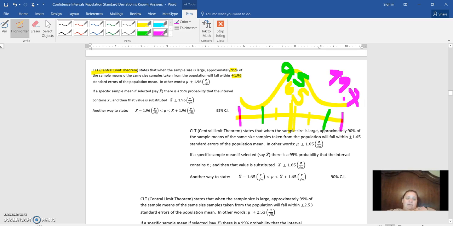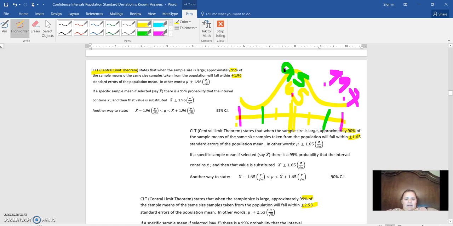That's where they get that number. It's not exact, but it's rounded. So the central limit theorem says 95% of the data is within plus or minus 1.96, 90% is within plus or minus 1.65, and 99% is within plus or minus 2.53. Remember, 3 standard deviations is 99.7.